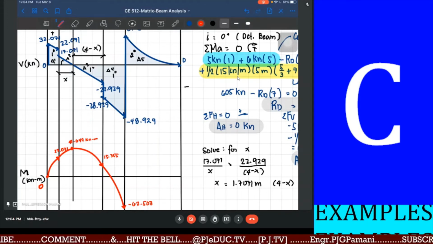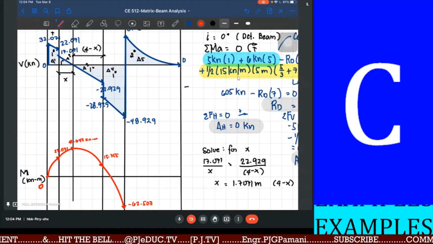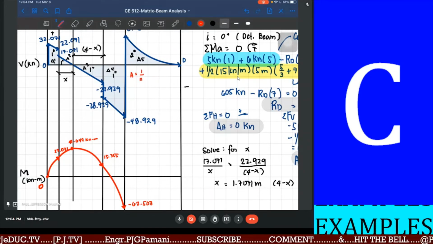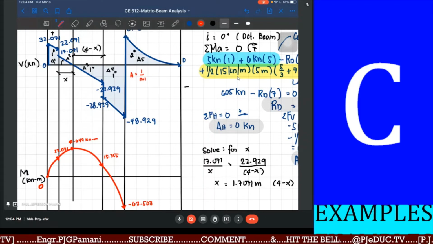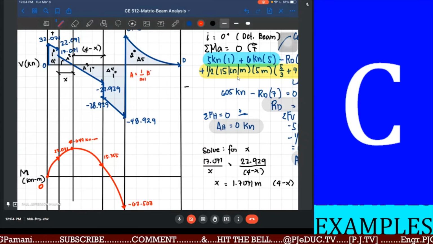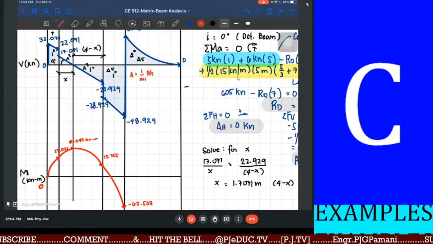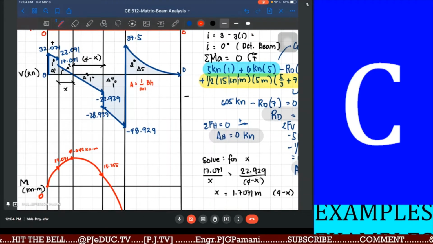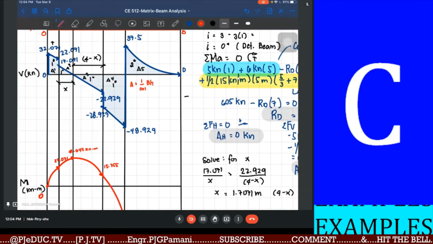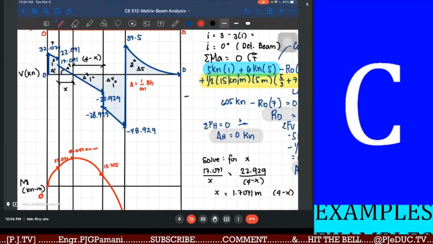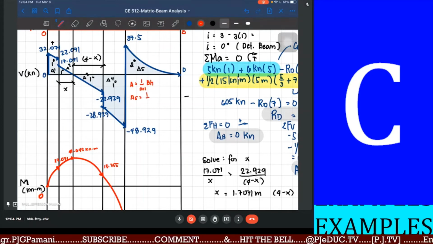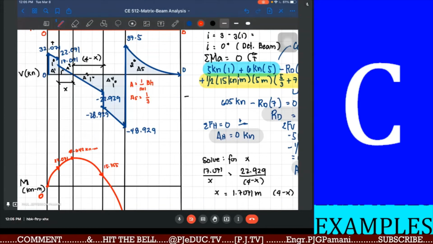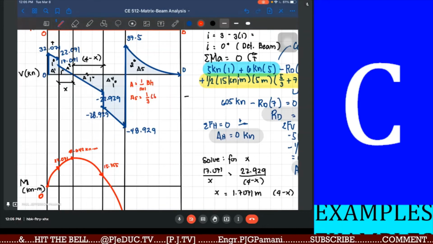The area of a spandrel is basically 1 over the degree of the curve plus 1 times base times height. Yun lang yan. Ano yung ating spandrel? First degree, second degree. That is in the second degree. The area of the spandrel, that is 1 over 2 plus 1, 1/3. Base is what? 5 meters.